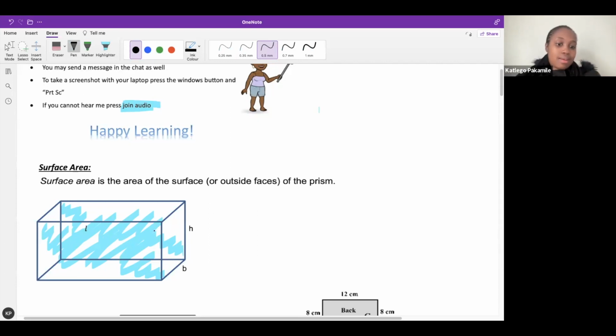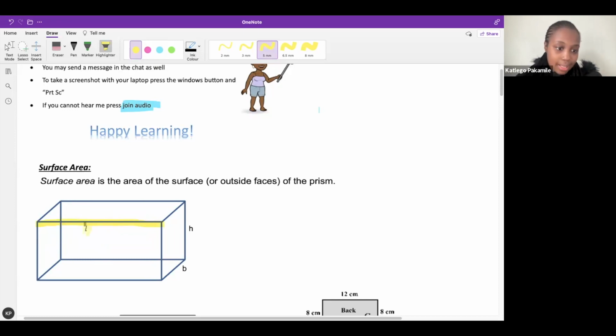So I can say then, area of this rectangle in front, and I want you guys to tell me based on the dimensions I've given you here. Length is that way. I'm going to highlight them just for visual. Height is going up to down, and my breadth would be going from front to back.